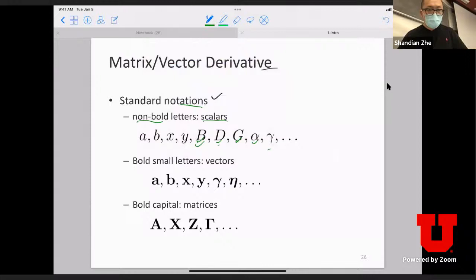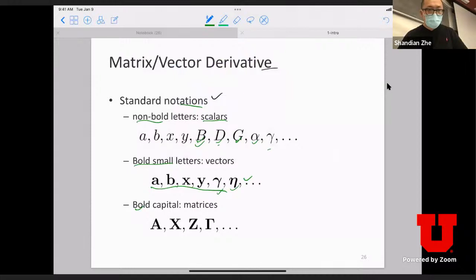Bold small letters usually represent vectors, like bold a, bold b, bold x, bold eta, bold gamma. When you see that, you can imagine a vector standing in front of you.